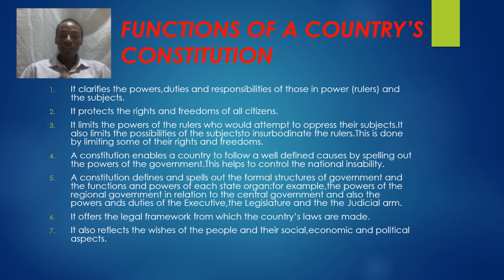Another function of a country's constitution is to limit the powers of rulers who would attempt to oppress the subjects. It also limits the possibilities of the subjects to be insubordinate to the rulers, and this is done by limiting some of their rights and freedoms. For example, there was a scenario in the year 2018 brought about by this particular lawyer called Miguna, when he swore in the then former Prime Minister Raila Amolo Odinga as the people's president.